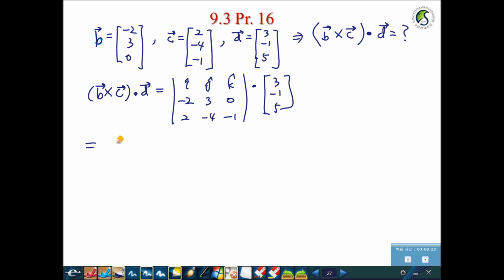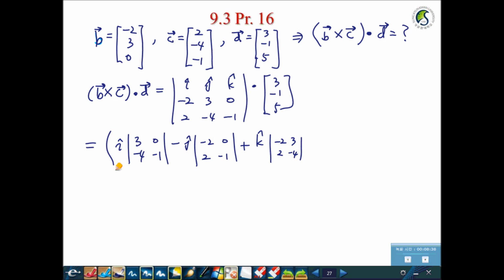So you pick i times (3 times -1 minus 0 times -4), minus j times (-2 times -1 minus 0 times 2), plus k times (-2 times -4 minus 3 times 2). And dot product with (3, -1, 5).